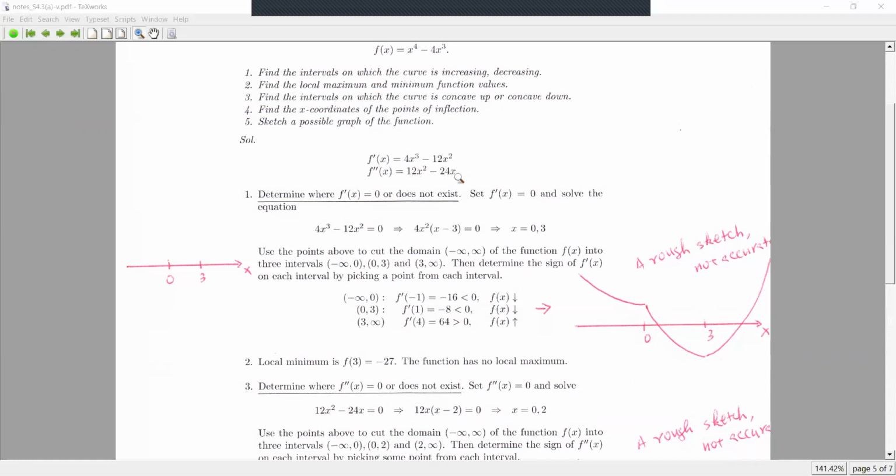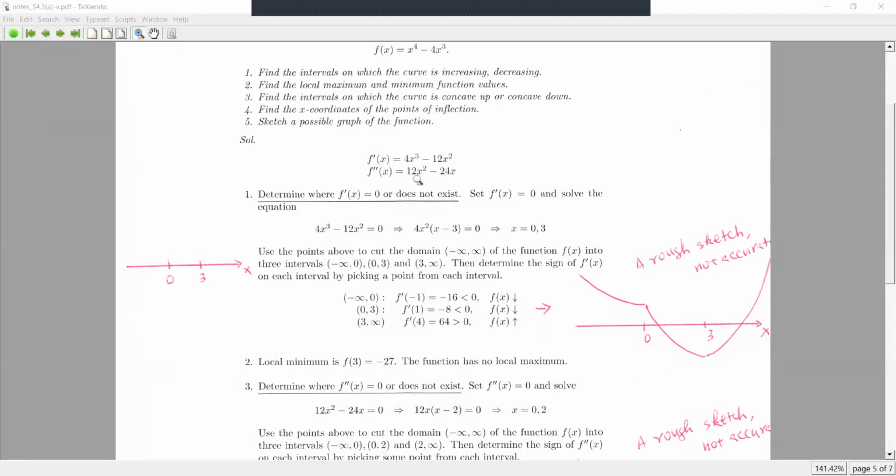It has no denominator, so the second derivative exists everywhere. Only at points where the denominator is 0 could the second derivative not exist. Okay, now let me set the second derivative to 0 and solve this equation.